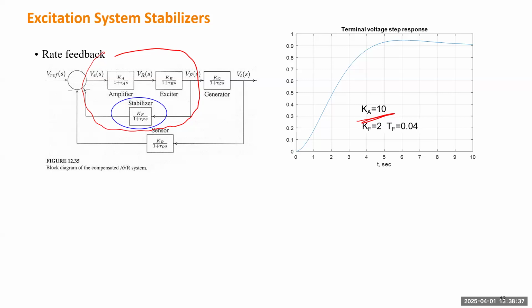So what this stabilizer does is basically add a chained open loop transfer function. Does anyone know how to change the open loop transfer function to improve the stability of a linear control system?